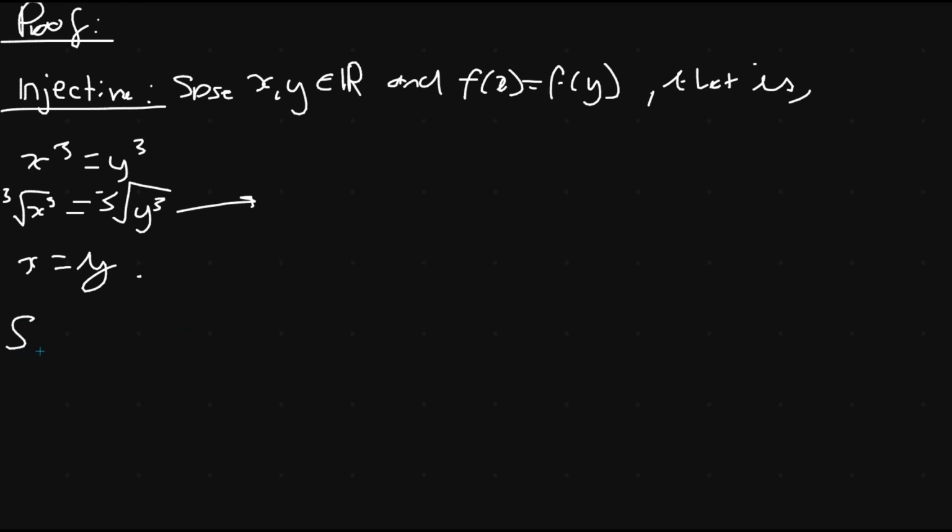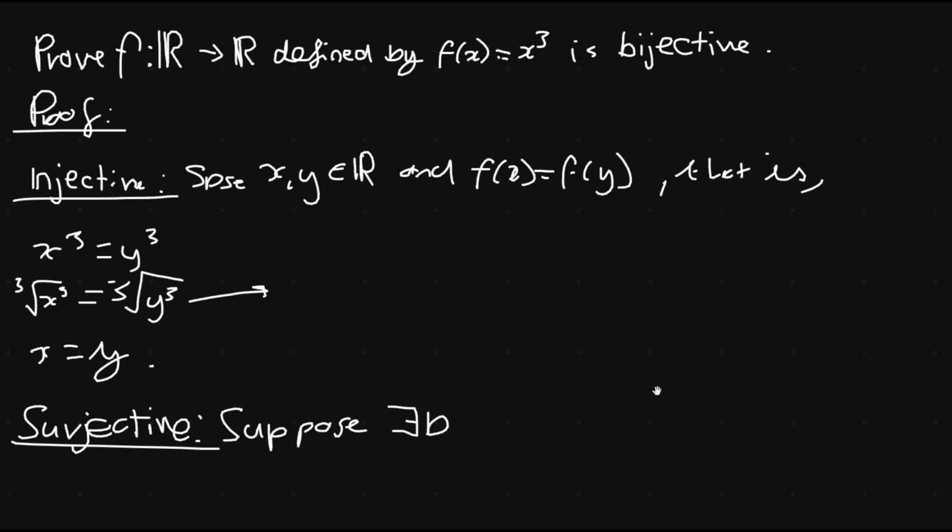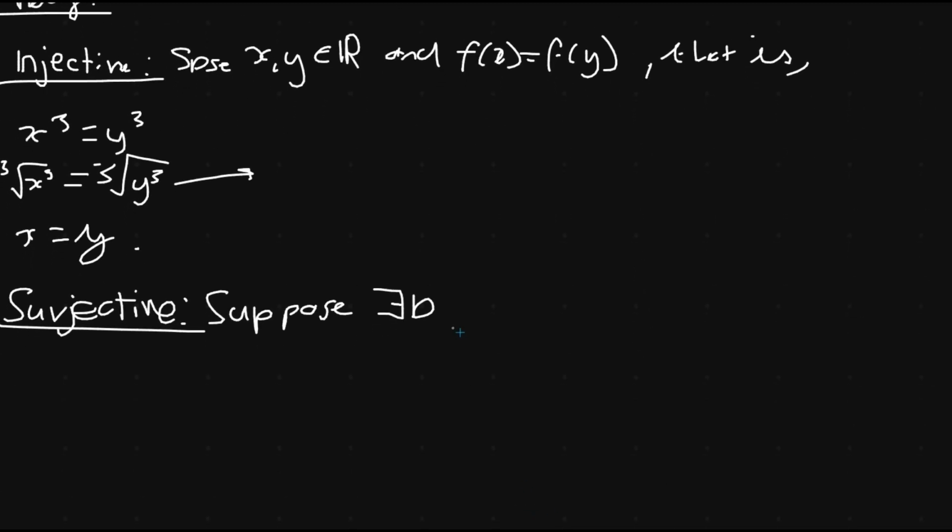So now we need to show that it's surjective. To show it's surjective, we're going to say suppose that there exists a b in the codomain, which is the codomain of the function, which is still the real numbers.